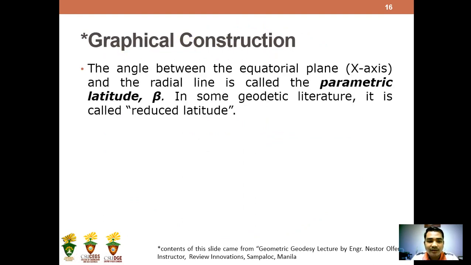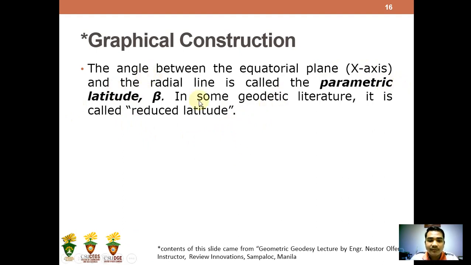In graphical construction, the angle between the equatorial plane, the x-axis, and the radial line is called the parametric latitude, or beta. In some geodetic literature, it is called the reduced latitude. For those confused about reduced latitude and parametric latitude, it will be discussed later.